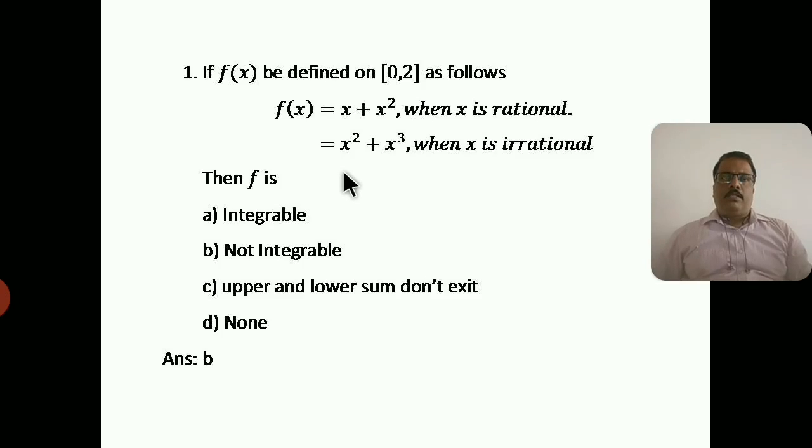Try this problem again by applying the method I showed you in the last problem. Find the upper sum of f(x), find the lower sum of f(x). If both are equal, then we say that it is integrable. If both are not equal, then it is not integrable. So the answer is B, that is not integrable. You get that the upper and lower sums are not equal.